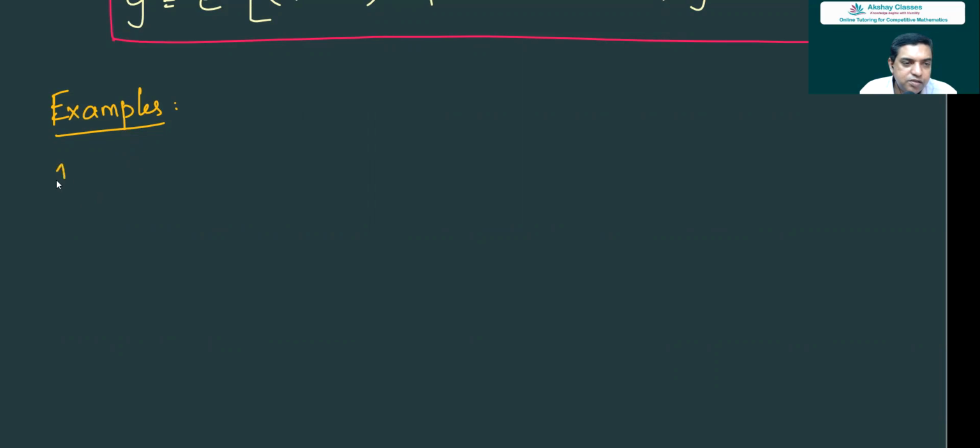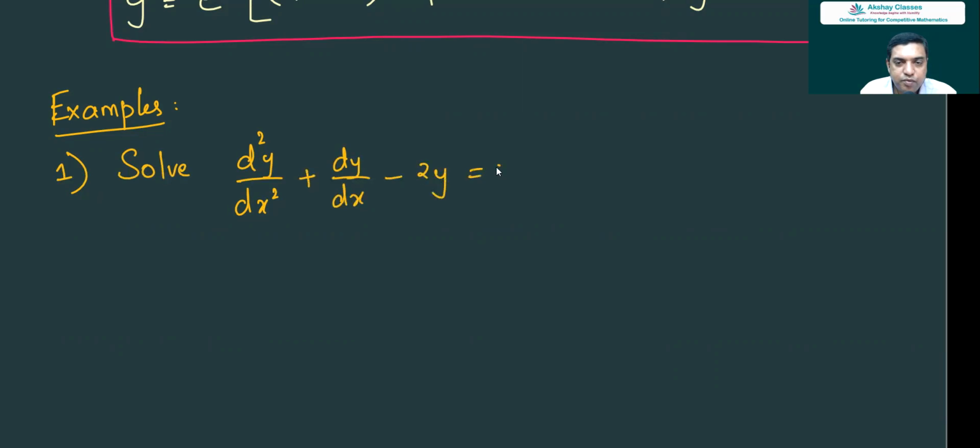All right, the first one: solve d square y by dx square plus dy by dx minus 2y equal to 0, given y of 0 equal to 4 and y dash 0 is equal to minus 5. Okay, so let us solve this.